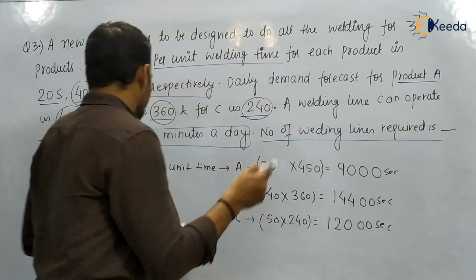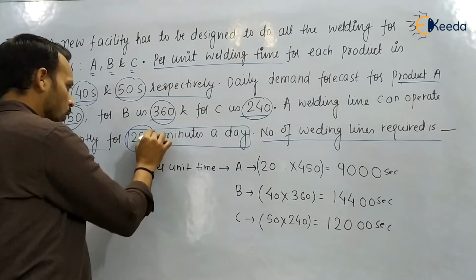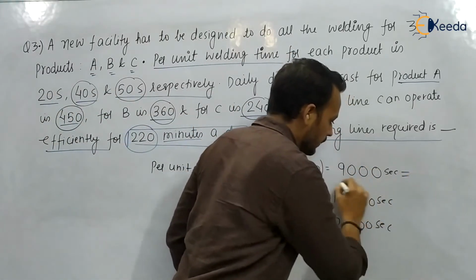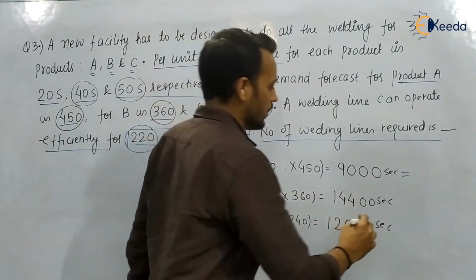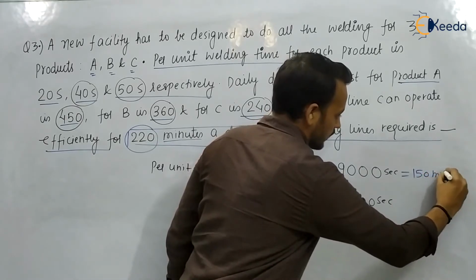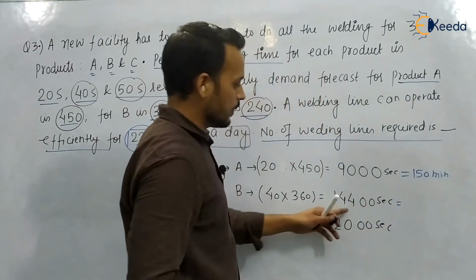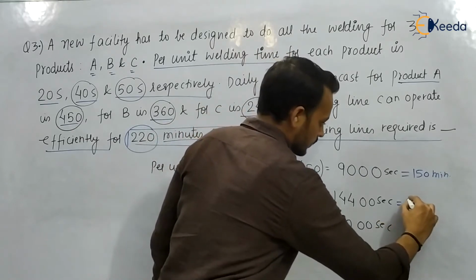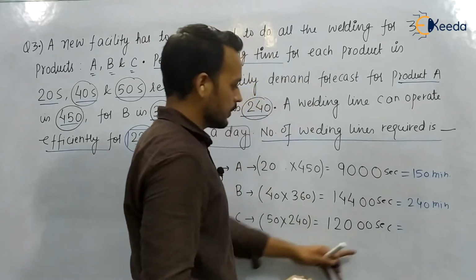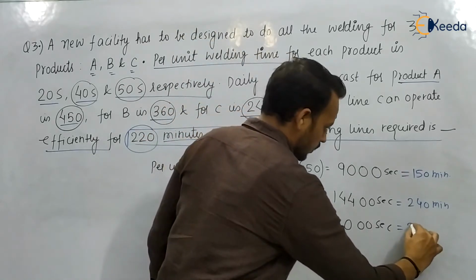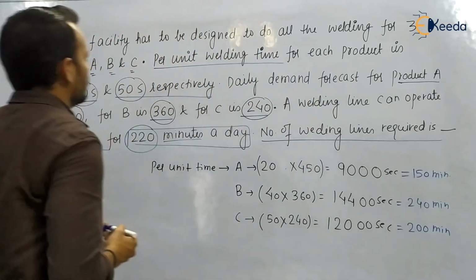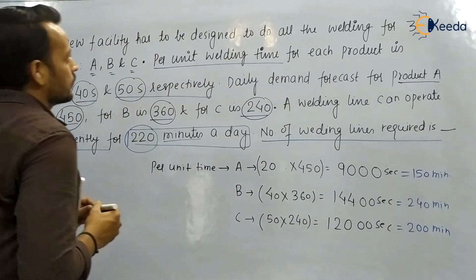They are saying that a single welding line can operate only 220 minutes a day. So we will convert it into minutes by dividing by 60. After dividing by 60, we get 150 minutes, 240 minutes, and 200 minutes.